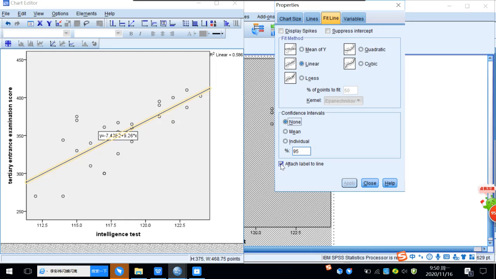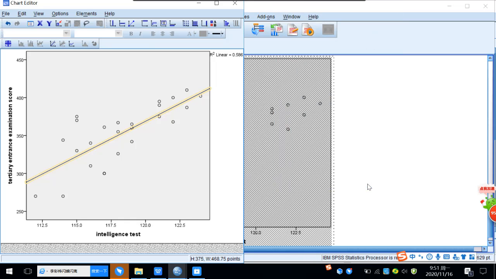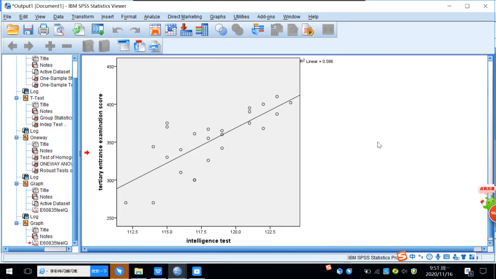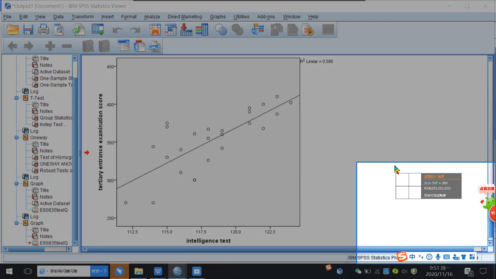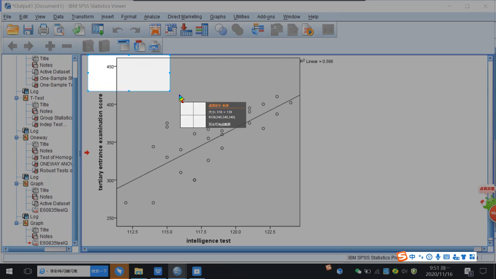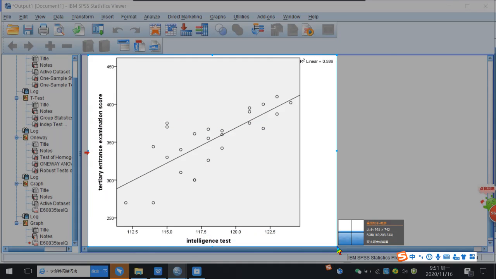Right now I don't need it, so I cancel this one. Apply, close. Okay, got it. So you can have the label or you don't need that label. Now I don't need it. I just need this fit line here.